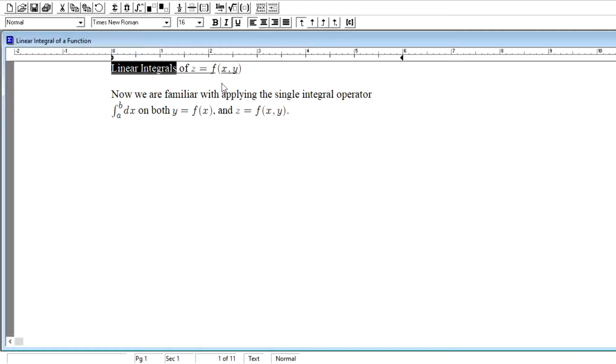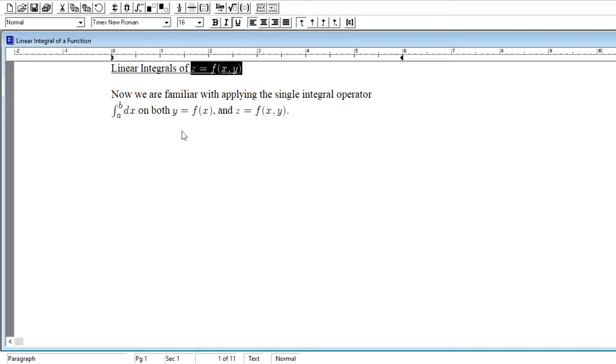And what we're going to start with is the study of line integrals of a multivariable function, z equal to f of x comma y. And we've established some of this understanding already. We're going to bring back what we've established and formalize it within the context of what we formally mean by what we call a linear integral or a line integral.